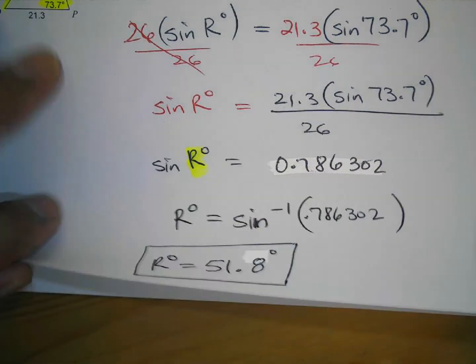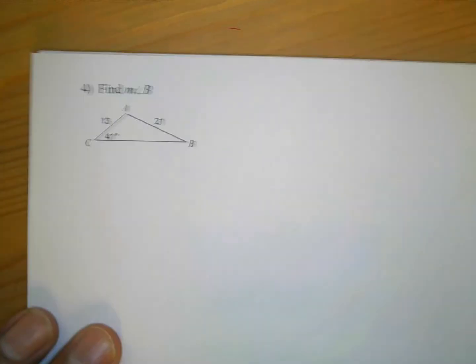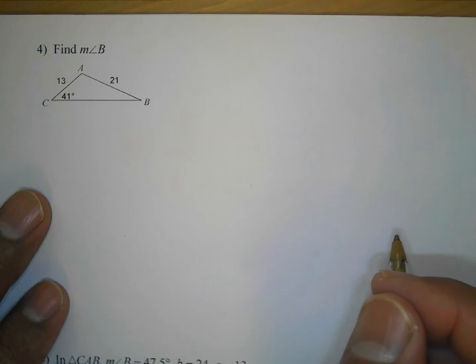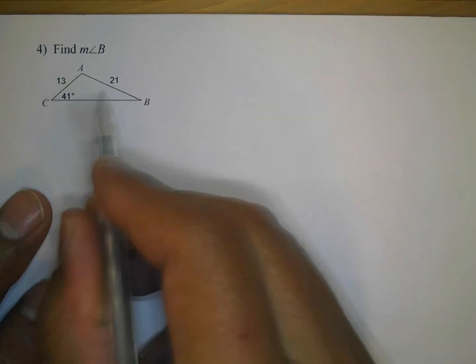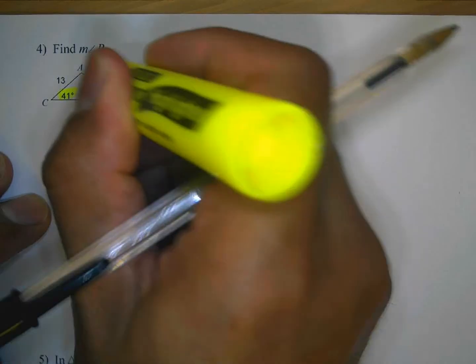All right, let's do another one, the next one here. All right, again, hopefully you printed this out. If not, you're going to have to pause and copy it down and continue, but that's not a big deal. Okay, again, for law of sines, you're going to set up a proportion. We have a given angle and a given side. Always look for that first.